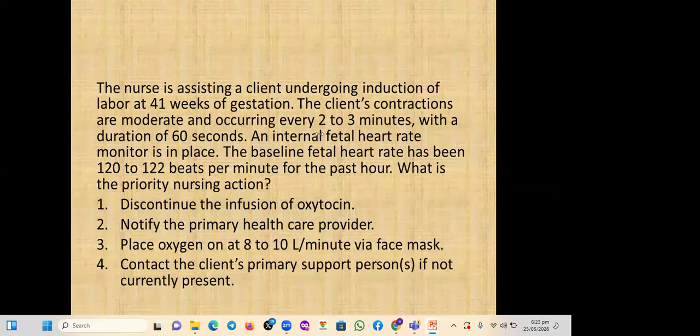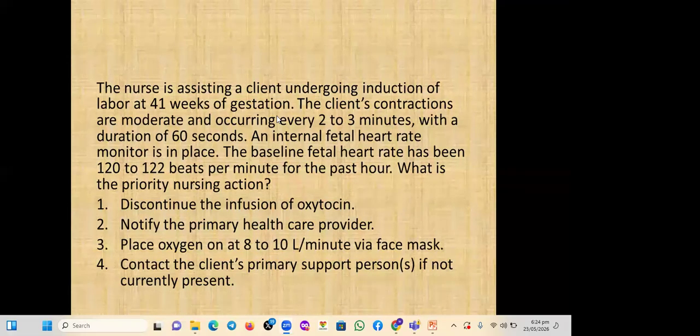The nurse is assisting a client undergoing induction of labor at 41 weeks of gestation. The client's contractions are moderate and occurring every 2 to 3 minutes with a duration of 60 seconds. An internal fetal heart rate monitor is in place. The baseline fetal heart rate has been 120 to 123 beats per minute for the past hour.